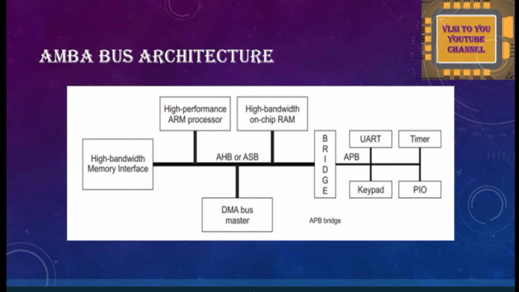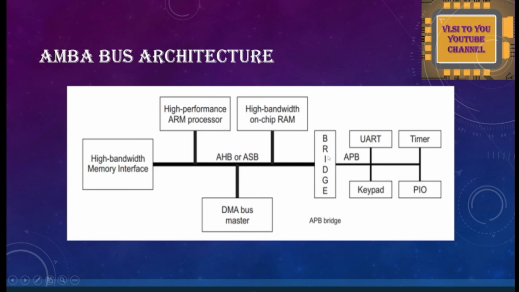Okay, as I told in the introduction, this is master slave communication. Master means something which sends the data, and slave means which receives the data, is it or not? So when we are taking these high performance devices into consideration, for example, if you take the processor as the master, then the bridge will be the slave, because the bridge is receiving something from the master.